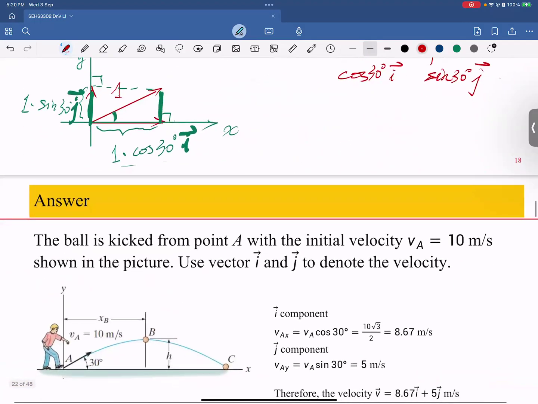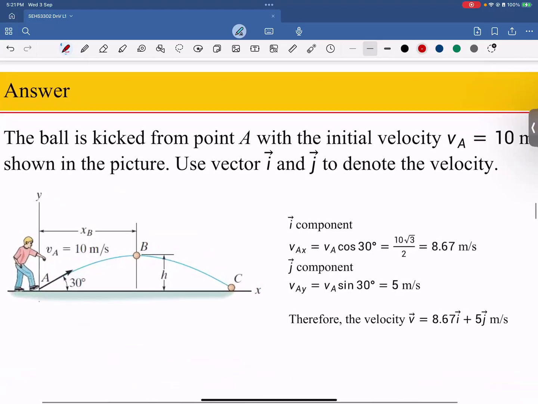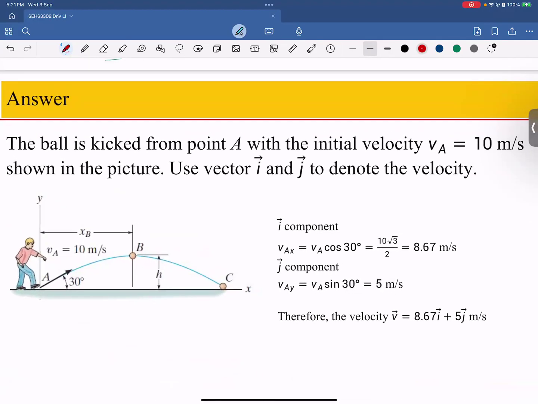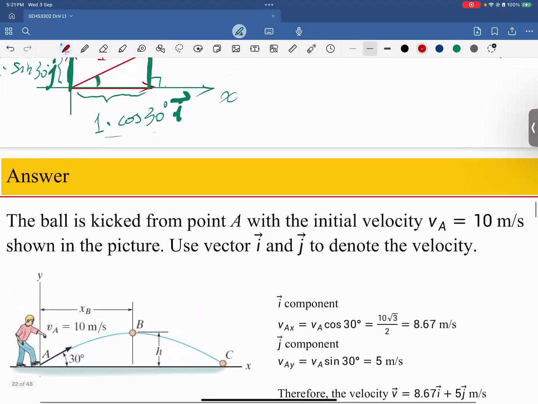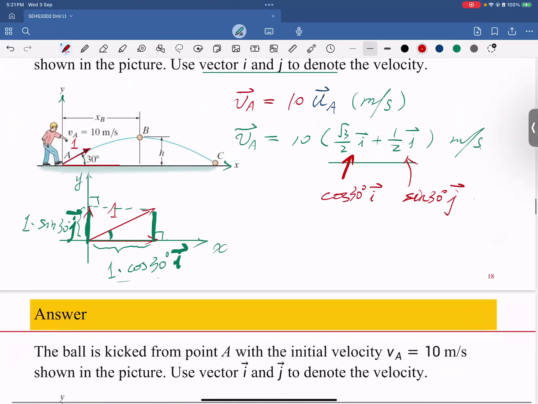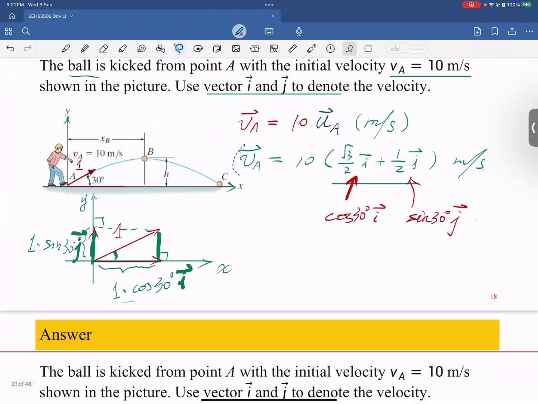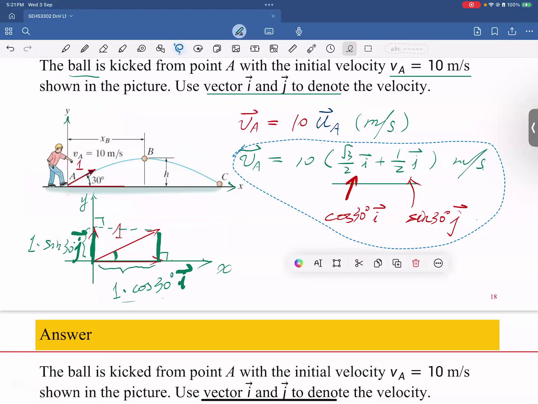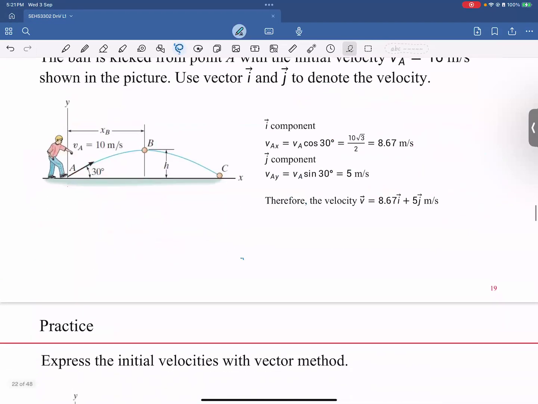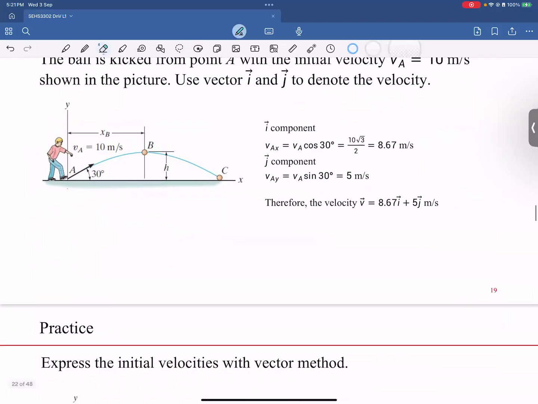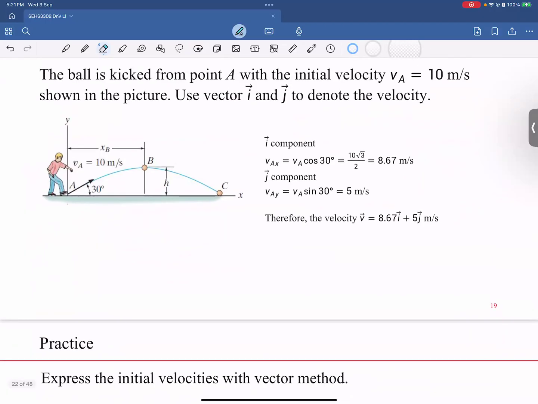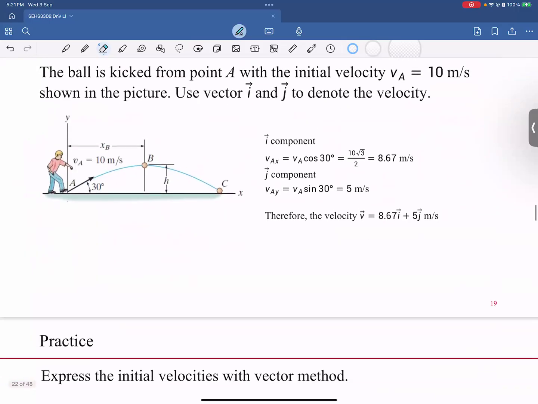Now this is the answer. So let's follow our solution here. We just copy and paste. Okay, copy here and paste here. Let's just repeat it.